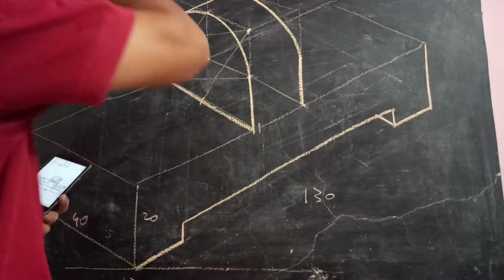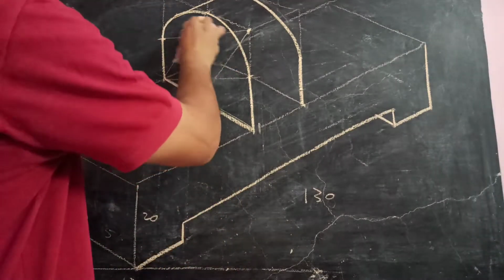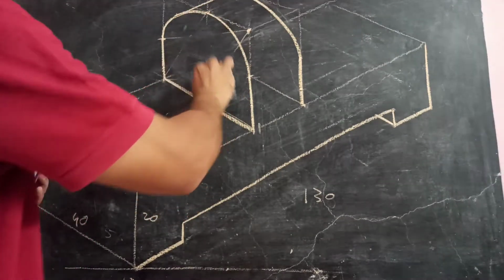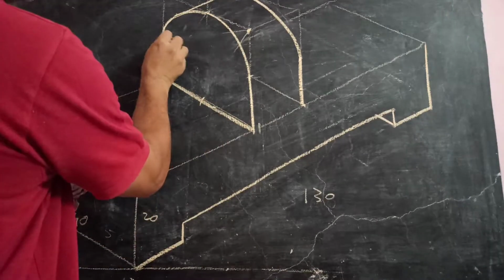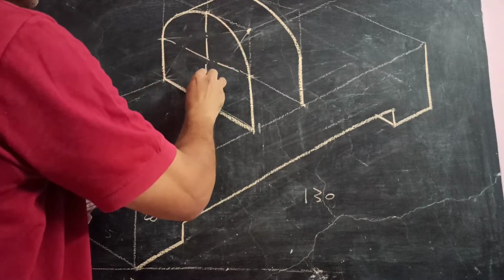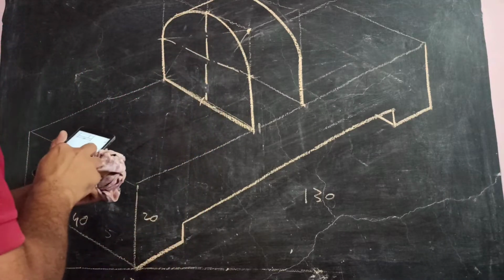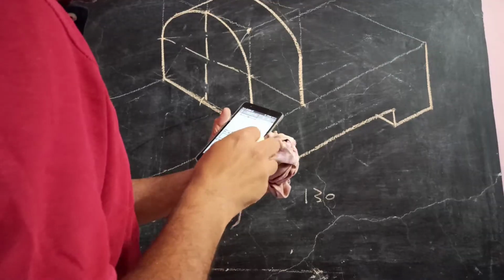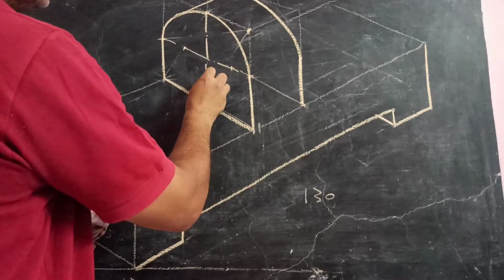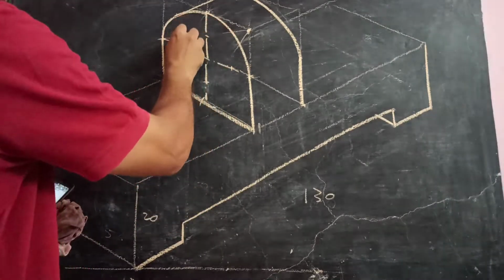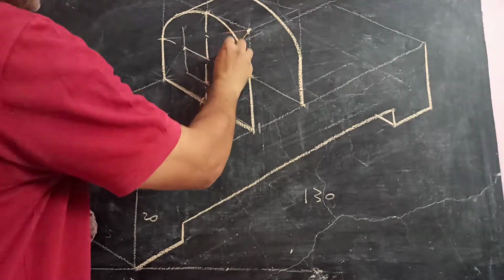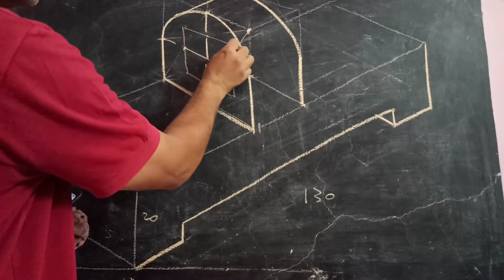Now here there is a center. So this is the center line, and this is another center line. So you got the center, and the hole is there which has diameter equal to 20. So 10 mm from all the four sides, you can draw this rhombus parallel to this, this, this, and this.